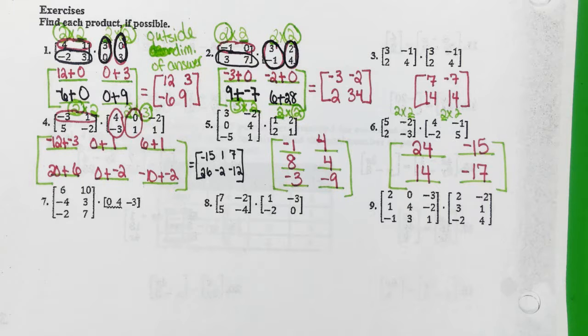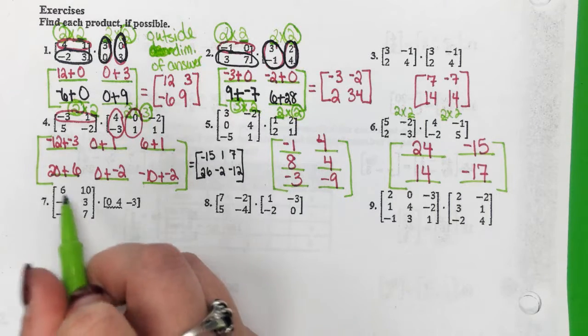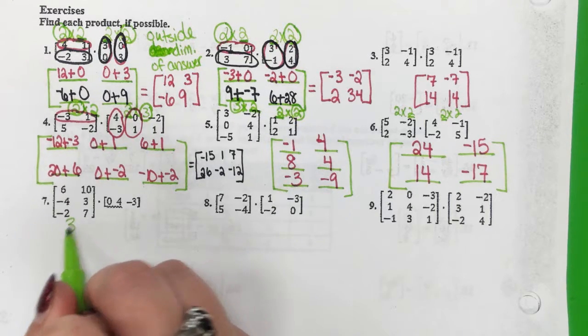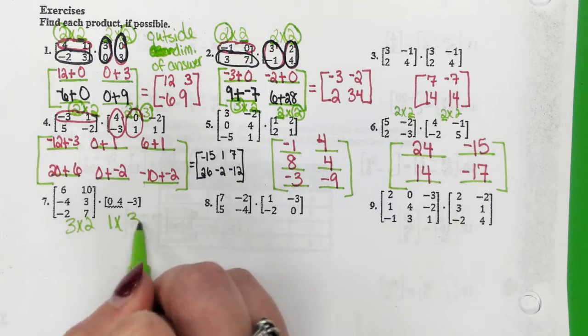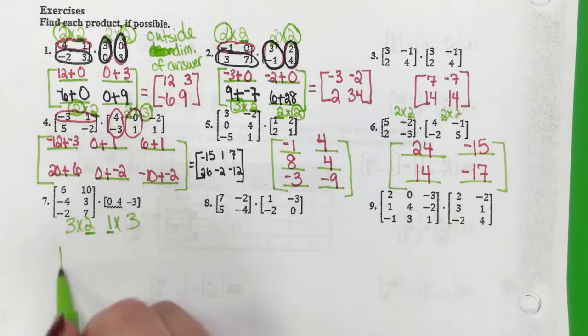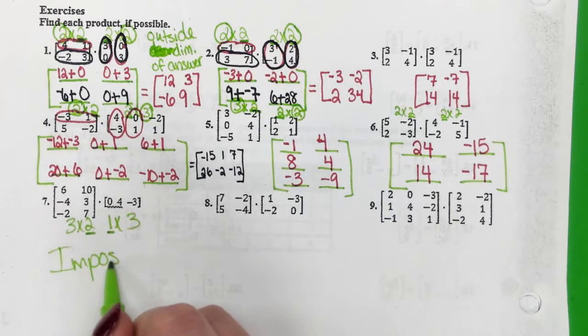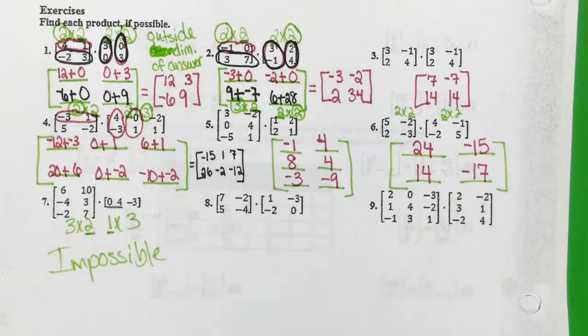Impossible. Why is it impossible to do? You've got a 3 by 2 and a 1 by 3. These two don't match up, so it's impossible. Very good. Alright, 2 more.